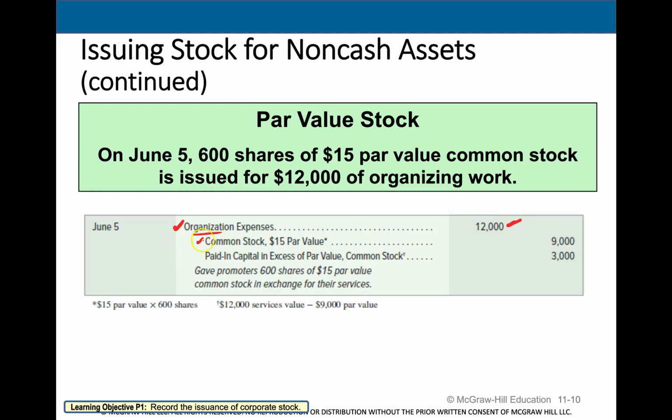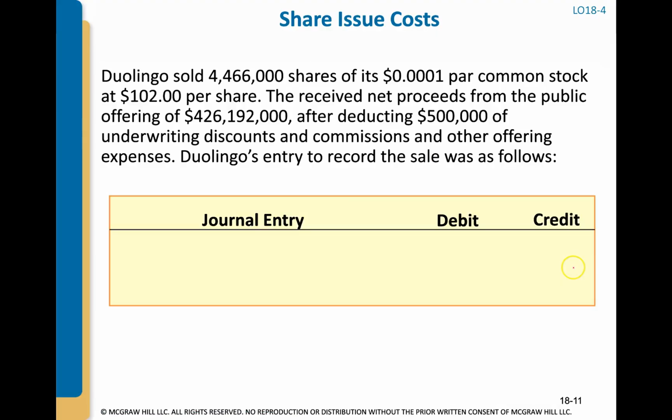We're going to credit common stock for, we gave them 600 shares and they're valued at $15 par value, so 600 times 15, we're going to credit common stock for $9,000, and then the remaining goes to paid in capital in excess of par value common stock for the remaining, which is $3,000.